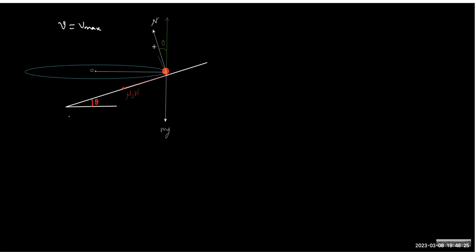And the resultant that R will make with the vertical, this is alpha, this is R. So definitely R cos of theta plus alpha will balance the mg, and R sin of theta plus alpha will give you the required centripetal force, and that's where it's very easy.